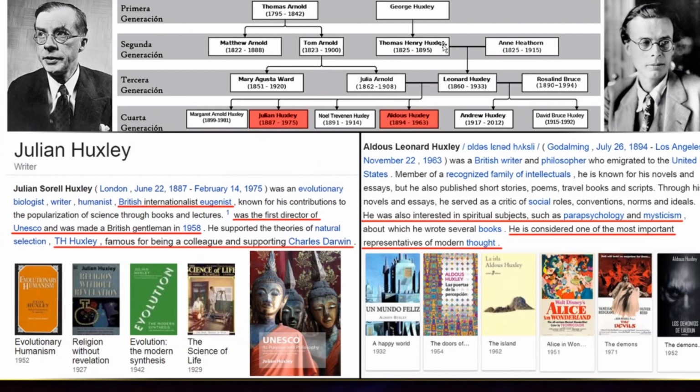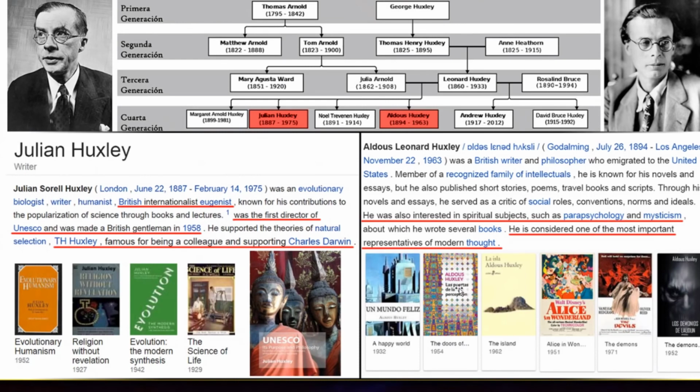You can have all the descendant tree of these guys, and he was the brother of Aldous Huxley, who was famous for working in the mysticism world, spiritual subjects, parapsychology. He created a happy world.